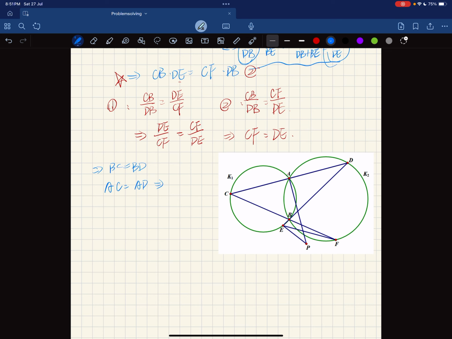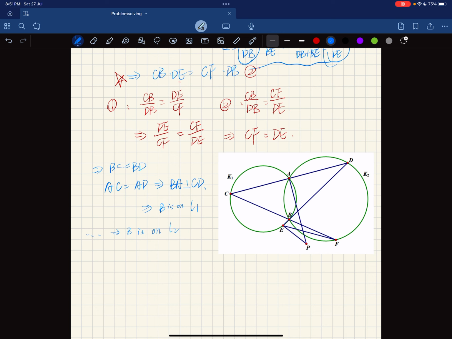We know that BA is perpendicular to CD, right? That's very obvious. So we can know that B is on L1, right? And in the same way, we can know that B is on L2.